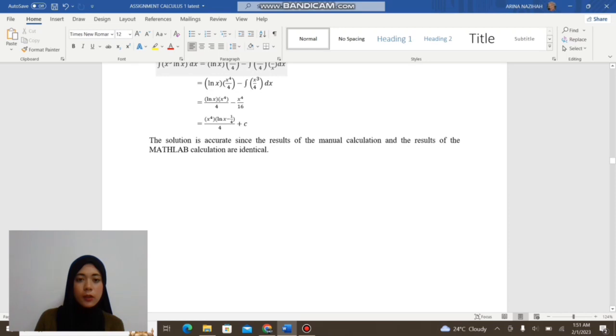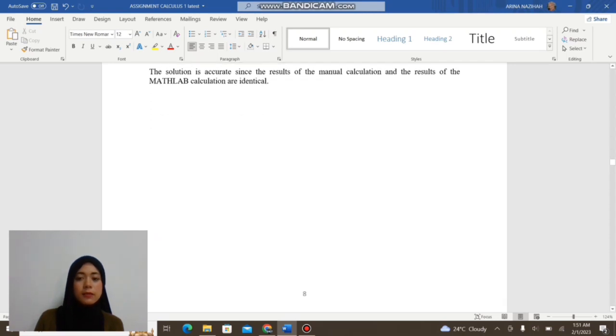The solution is accurate since the results of the manual calculation and the results of the Matlab calculation are identical.